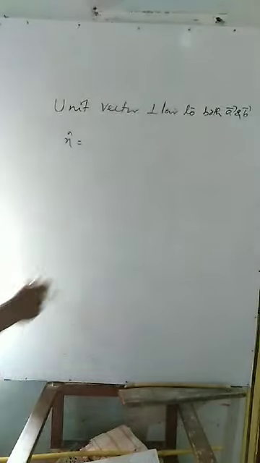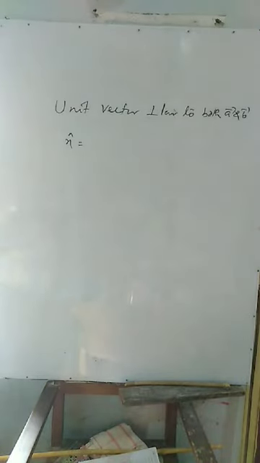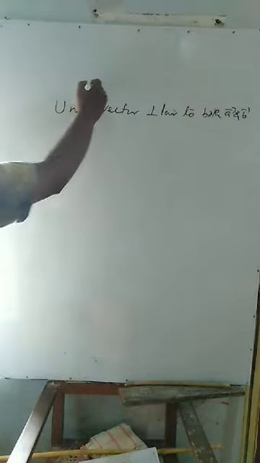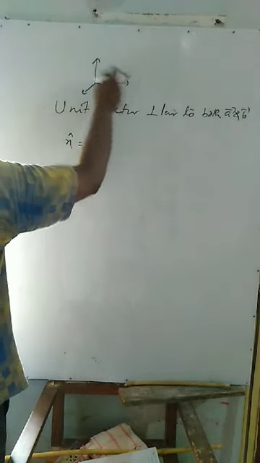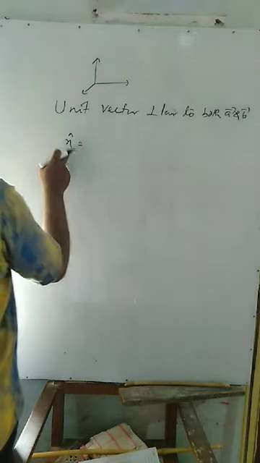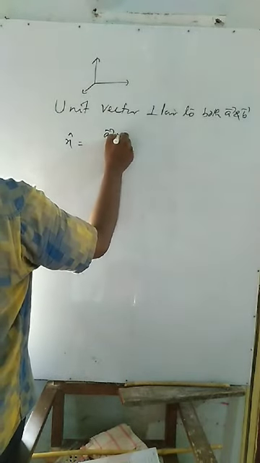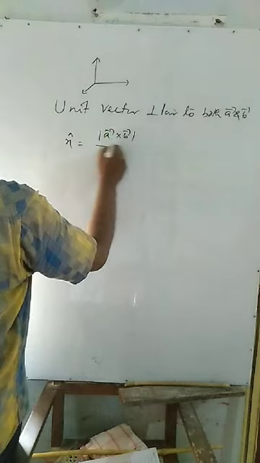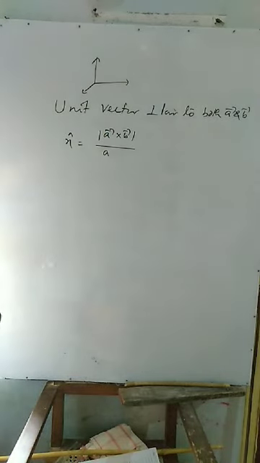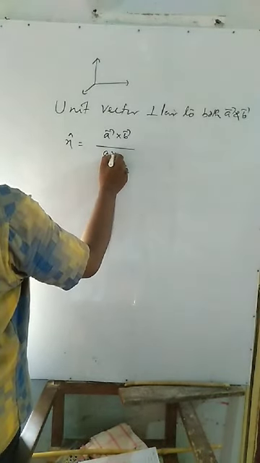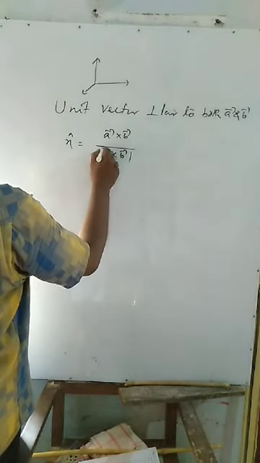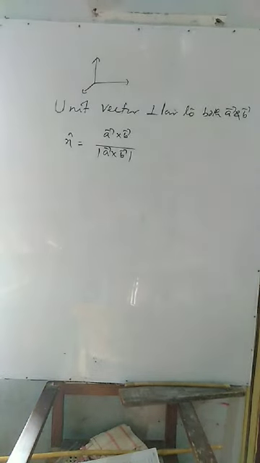Suppose A cap is perpendicular to both A and B. This is the A vector you consider, and this is the B vector, and the vector which is perpendicular to both is A cross B. The unit vector can be represented by A cross B divided by the magnitude of A cross B.